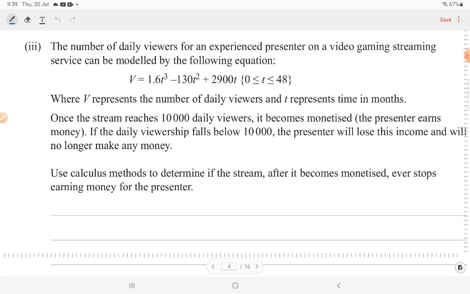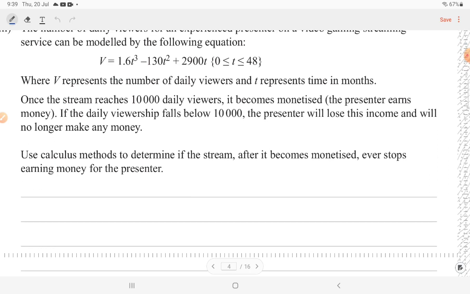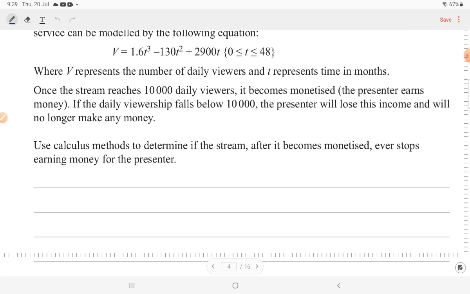Once the stream reaches 10,000 daily viewers, it becomes monetized and the presenter earns money. If the daily viewership falls below 10,000, the presenter will lose this income and will no longer make money.